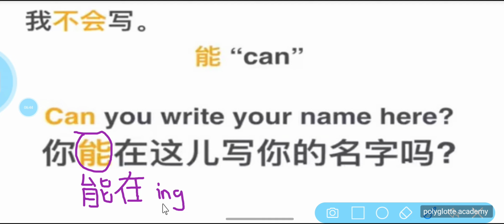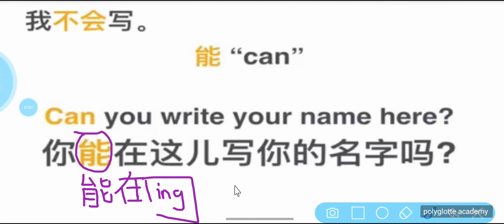To eat in Chinese is chī, and eating is zài chī, for demonstration. So zài here can mean adding -ing to a verb, or to be in a place or at a place.